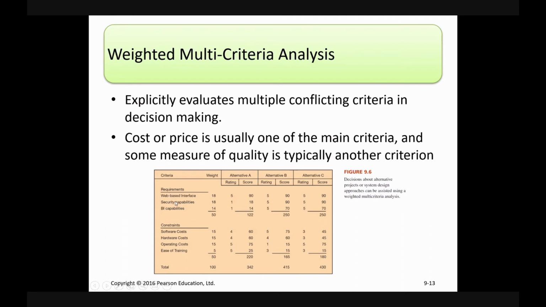For example, the requirements. You are saying the interface of the project may be more important, so you will give it a weight of 18. You will assign the weight here. Then for rating, you will give a rating score for each solution, and then you will count the total. Now we can see the total weight here, 50 for all capabilities. So how much total score will alternative A get?